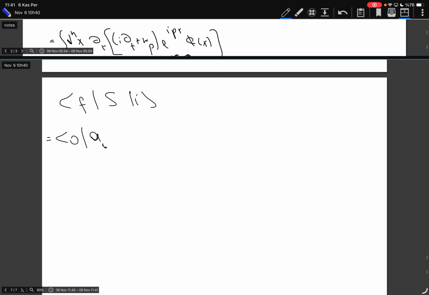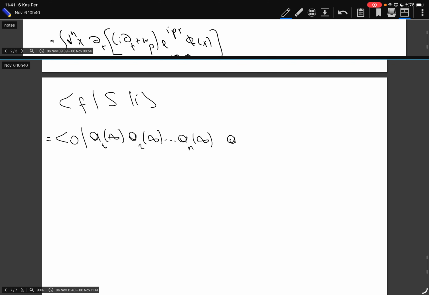A1 at the time infinity, A2 at the time infinity, let's say AN at the time infinity. These are basically my final state.